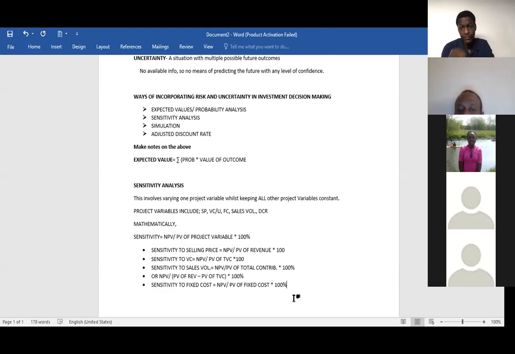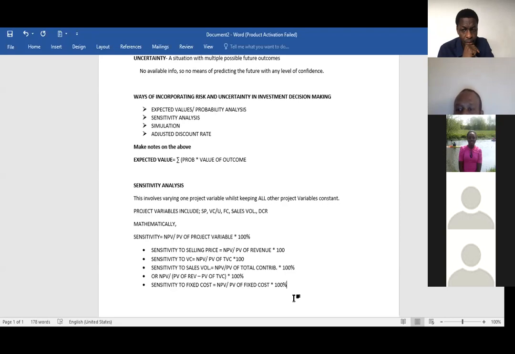Do you get what I'm saying? The sales volume affects both selling price and variable cost in the same way because the sales volume is constant. So to calculate our sensitivity to sales volume, we use contribution. Contribution being the number of units multiplied by both selling price and variable cost.